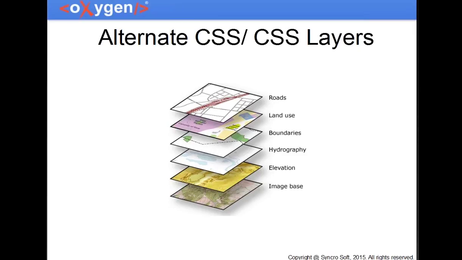So, for example, if we take the layers on a map as an example, in oXygen you could create an alternate CSS to see the roads and another CSS to see the elevation. But if you wanted to see both the roads and the elevation, you had to create a new CSS, and so on and so on, and things could explode at some levels.